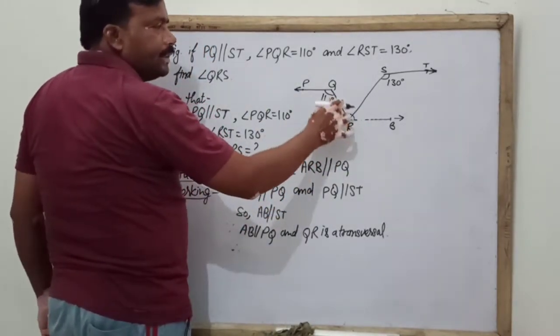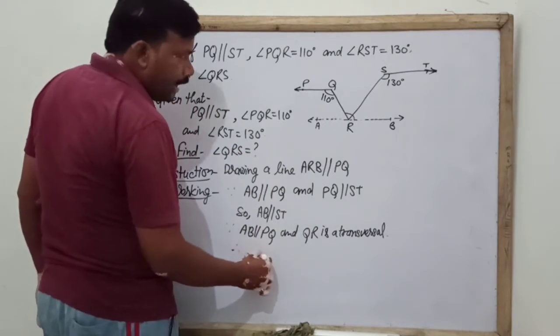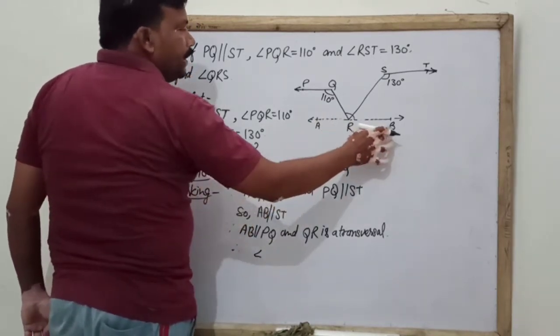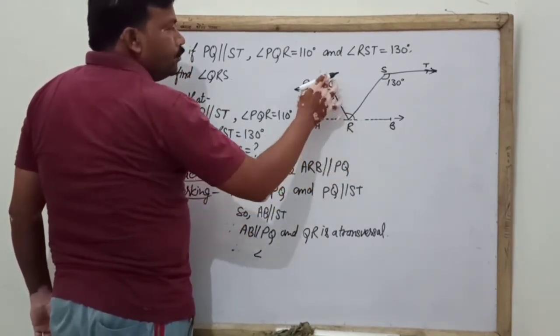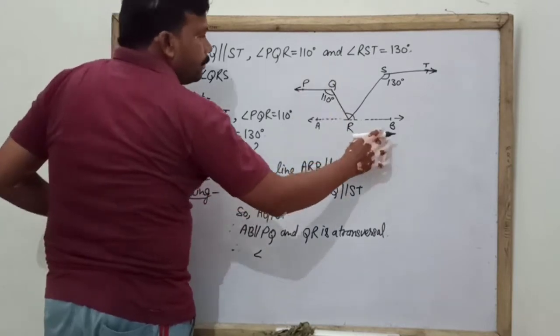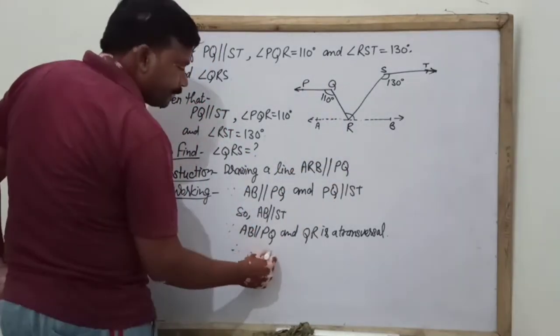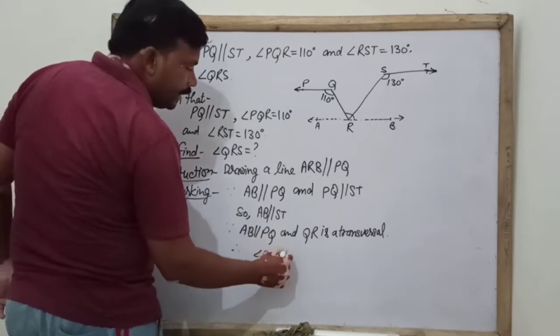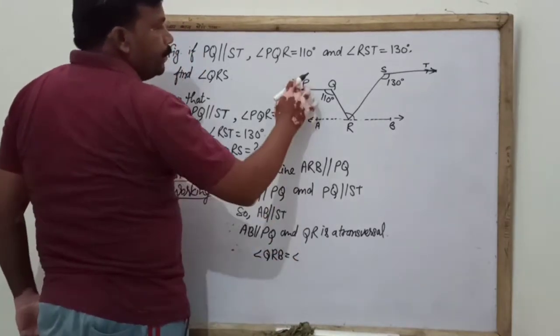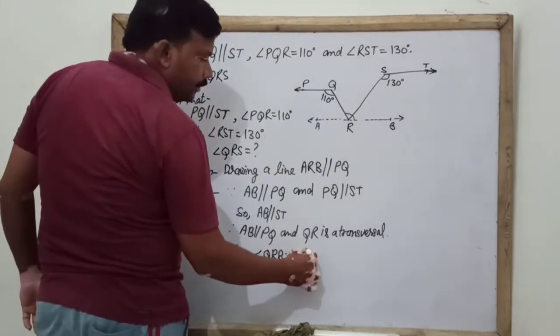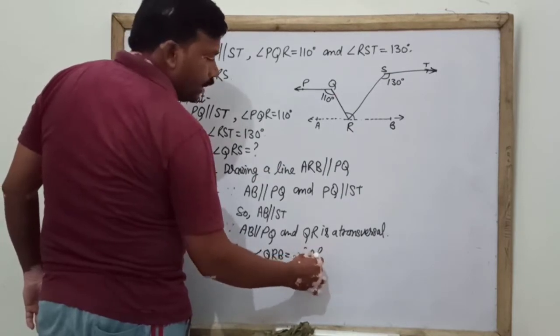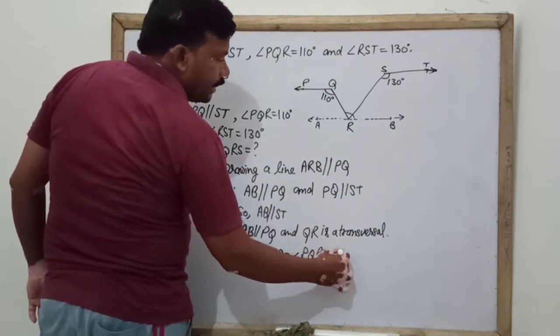These are alternate interior angles. So angle BRQ or QRB, angle QRB equal angle PQR, which is 110 degree.